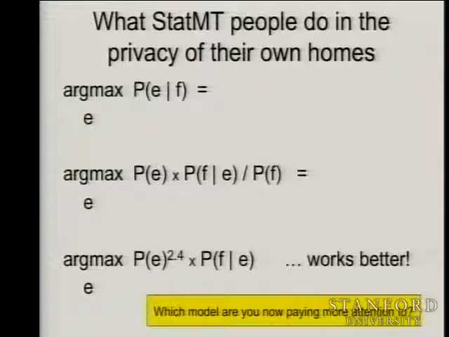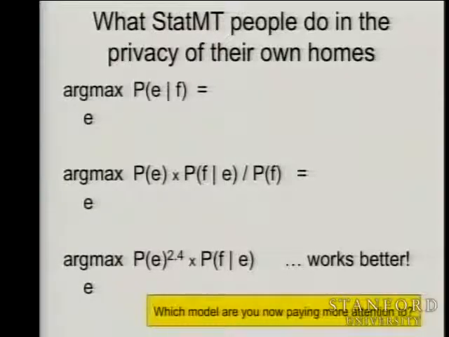So you can effectively attenuate over-extreme probability values by putting an exponent on one of the component models. Since the probability of English might be 0.001, when I raise it to the 2.4, that becomes a much smaller number, 0.0000 whatever.